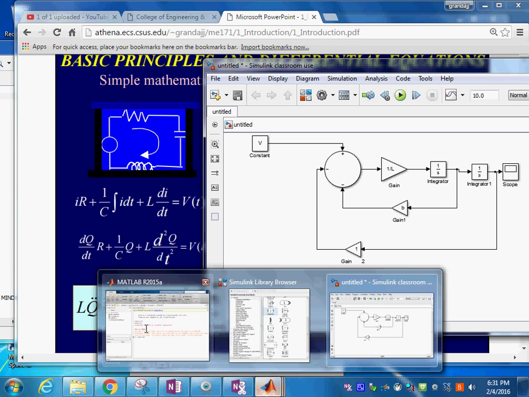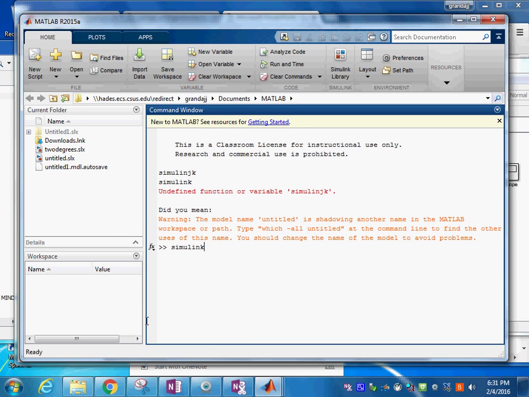So we're gonna use this in here and put the numbers in here. The numbers would be something like L equals 1.